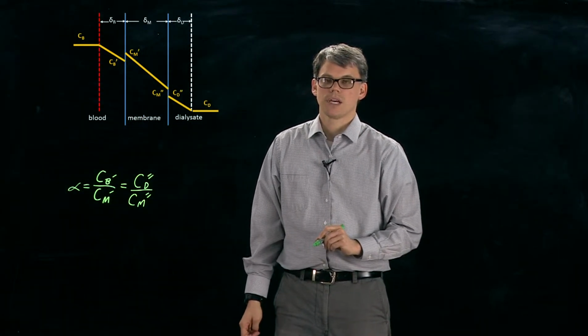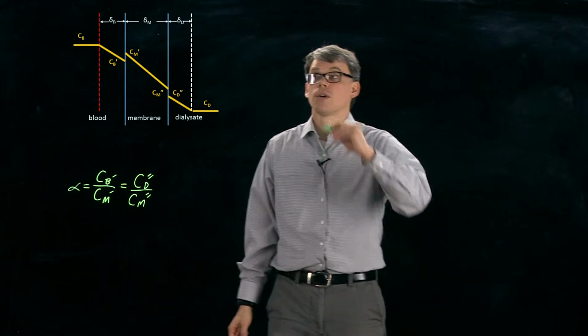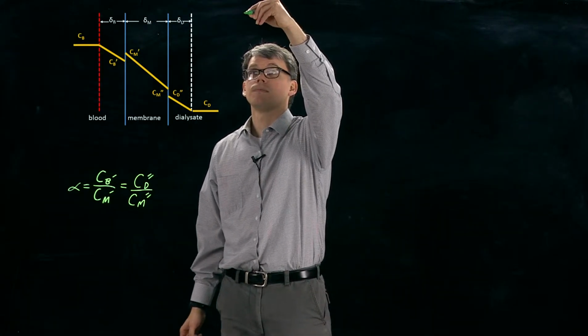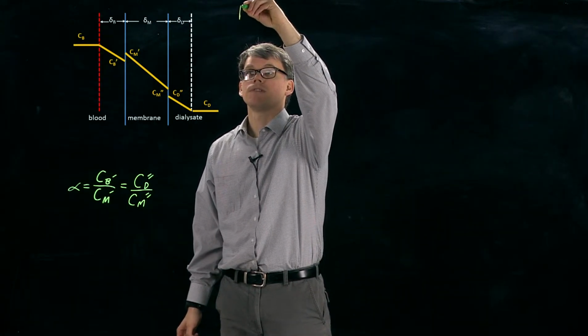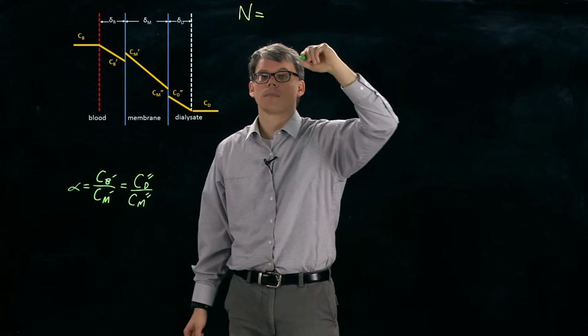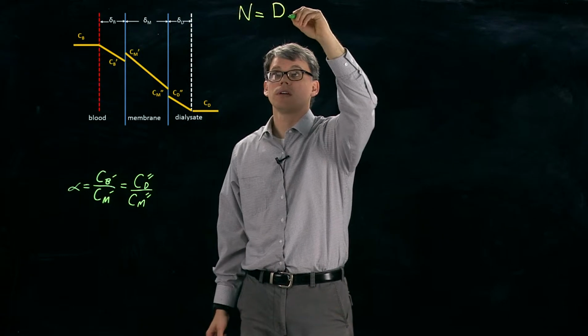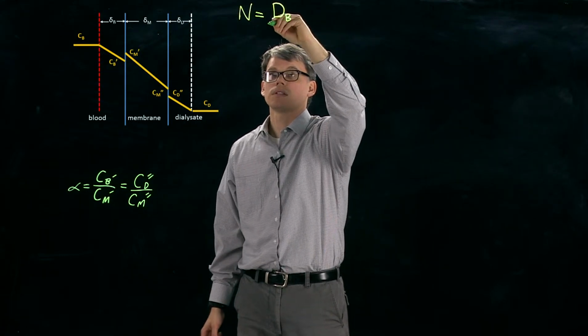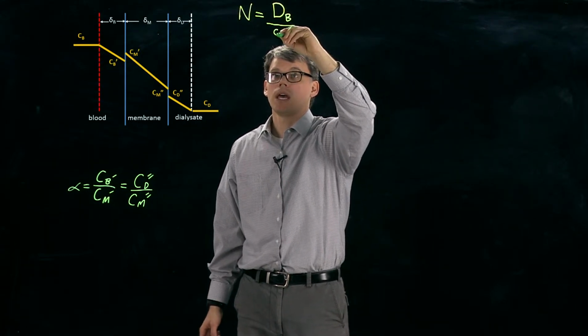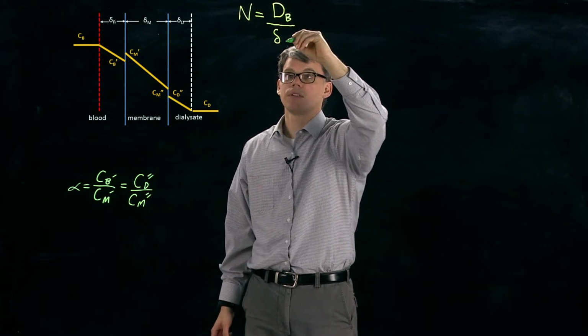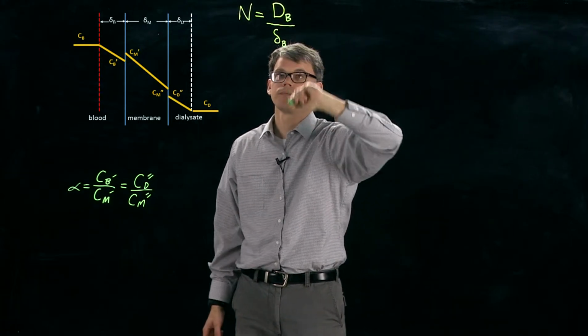So, with that being said, let's think about the flux through one of these regions, one of these thin films. So flux is denoted N, and flux is proportional to the diffusivity of a substance, in this case in blood, and inversely proportional to the thickness of that thin film.